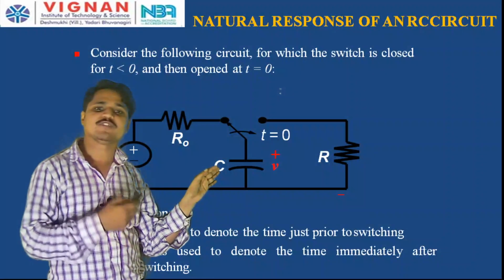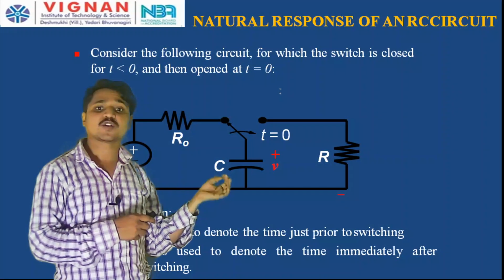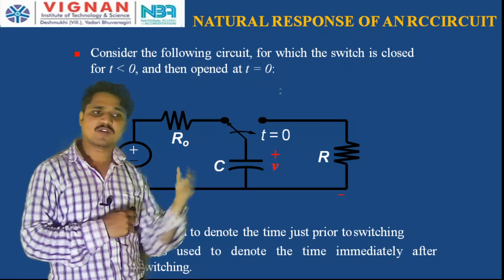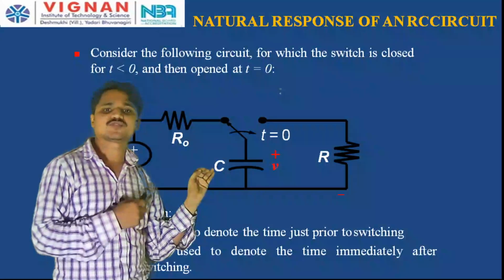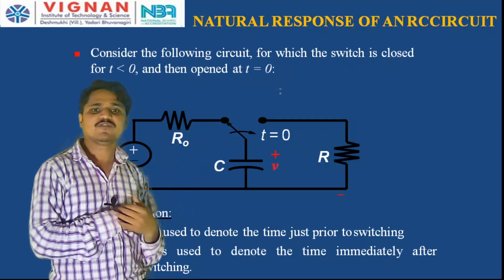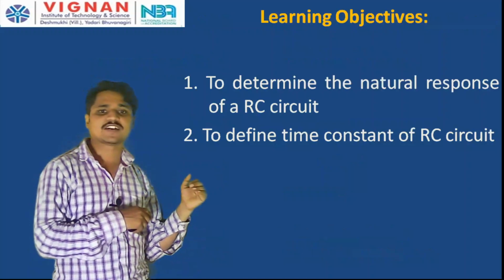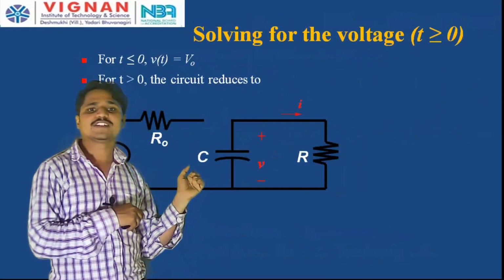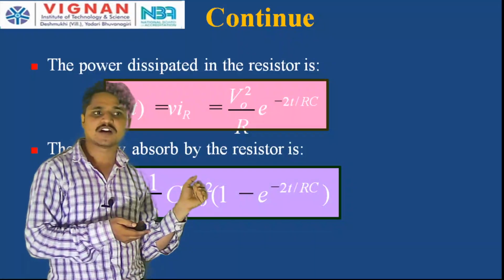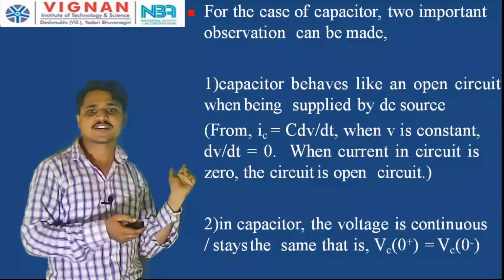The voltage is the same, V naught, because it will not allow a sudden change in the voltage. It is a property of the capacitor. The same voltage will continue for some time. Therefore, Vc of 0 minus is equal to Vc of 0 plus.